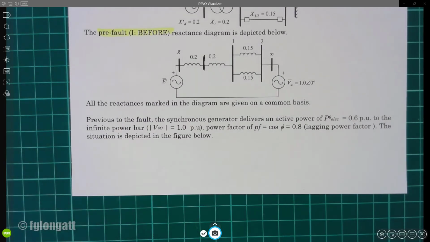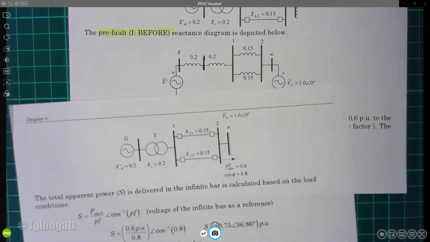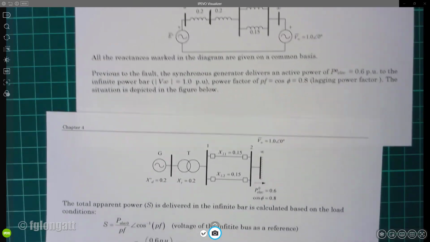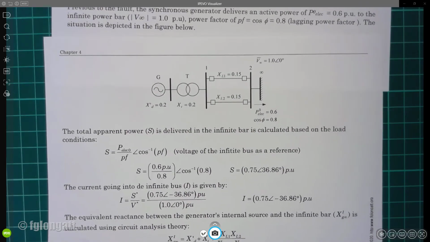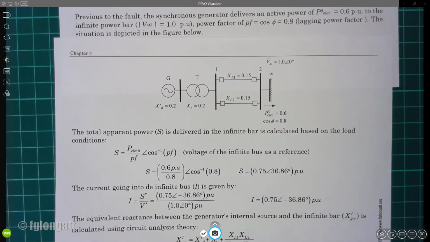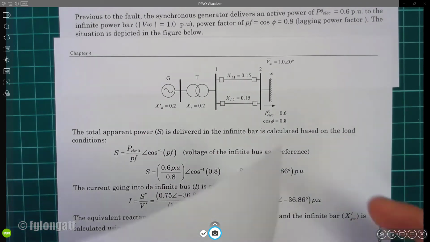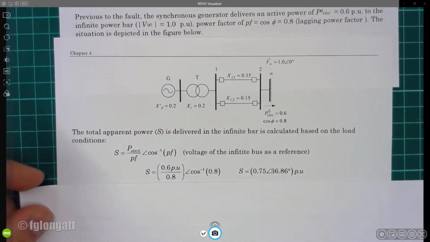What we need to do now is assess the steady state condition previous to the fault. It's very simple.